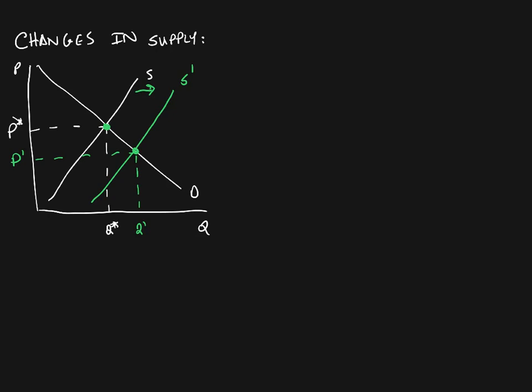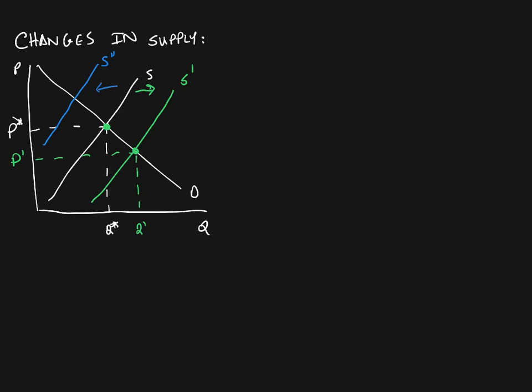Now, a decrease in supply is the opposite. It means that at various prices, sellers now want to sell less than before for whatever reason. It could be a variety of reasons, and we'll talk about what some of those reasons are. But for whatever reason, they want to sell less than they did before. So a lower quantity, which means we're going to shift the supply curve to the left.